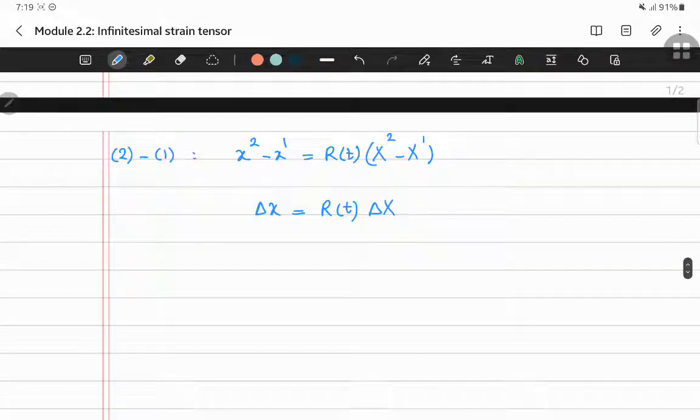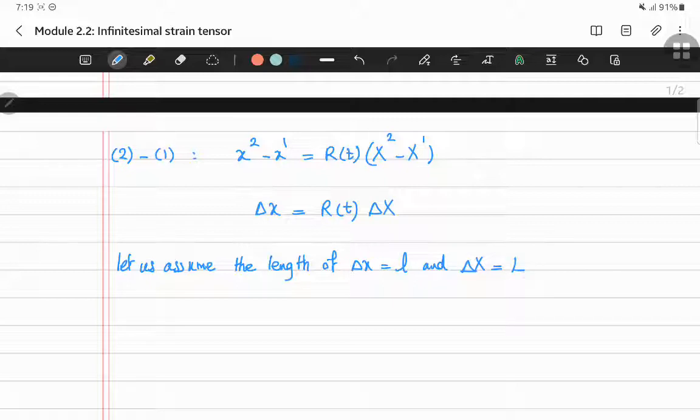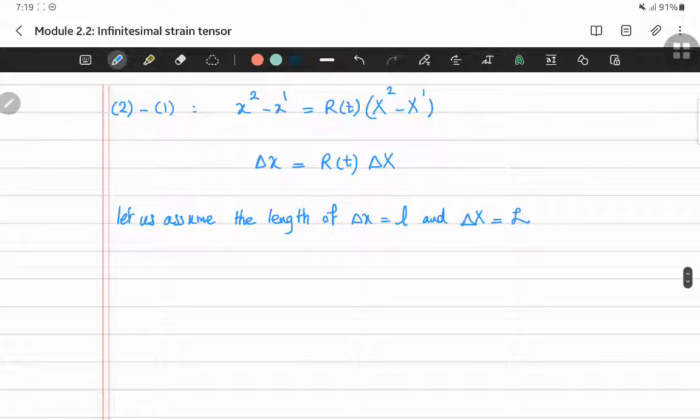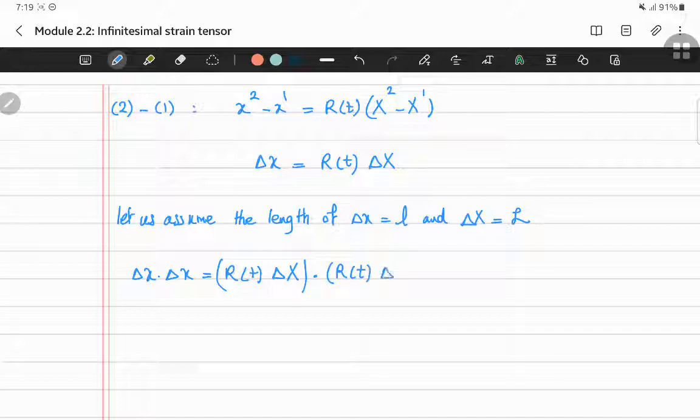Let us assume that the length of delta x is small l, and delta capital X is capital L. So delta x dot delta x is equal to R transpose delta X dot R transpose delta X. Here you know that this is L squared, because this is L dot L, and they are in the same direction, so their cosine is 1.